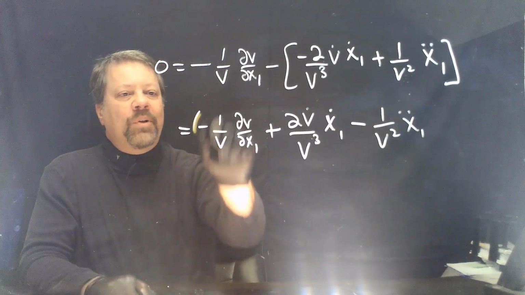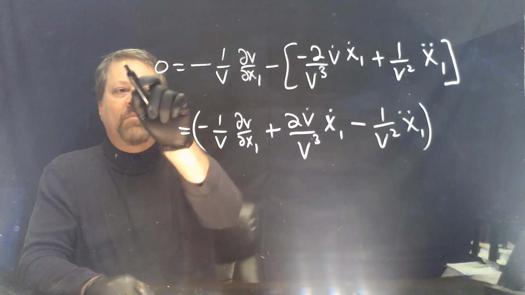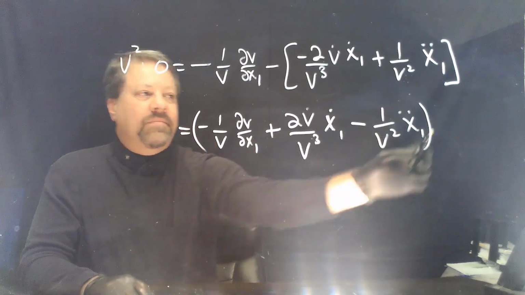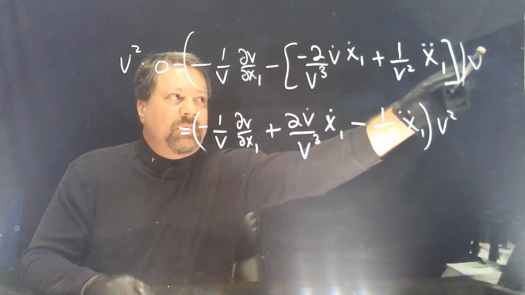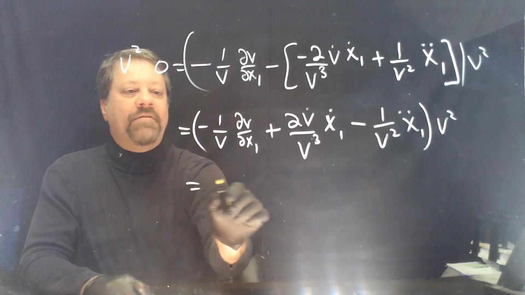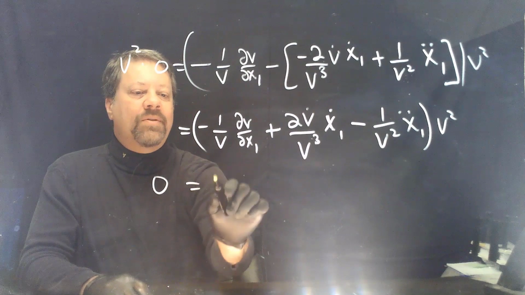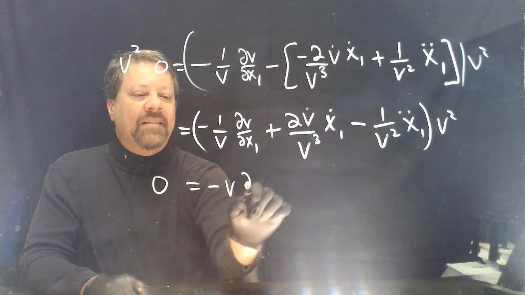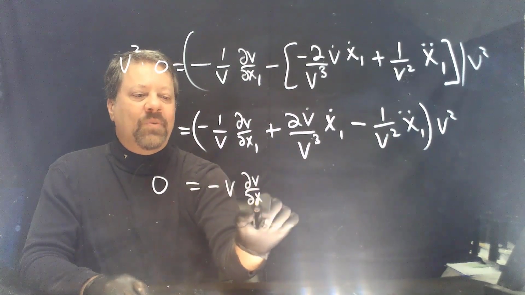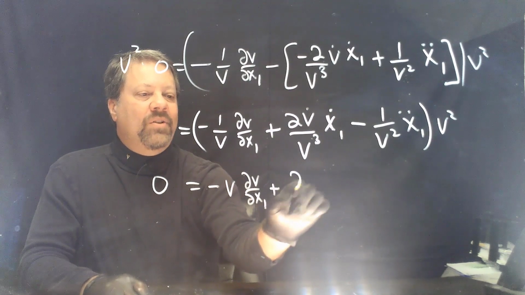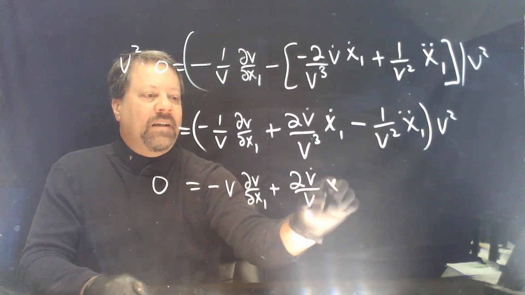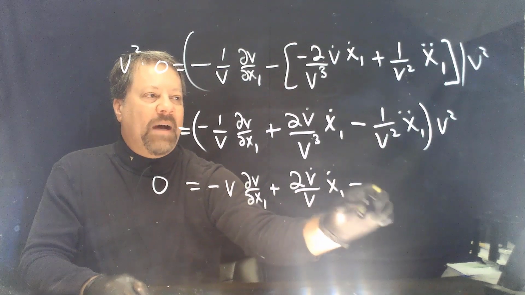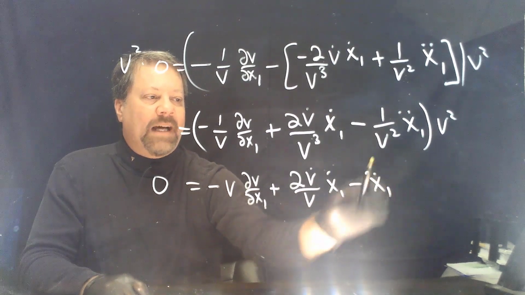I want to multiply both sides by v squared, so that I'll have 0 equals negative v dv dx1 plus 2 v dot over v x1 dot minus x1 dot dot.